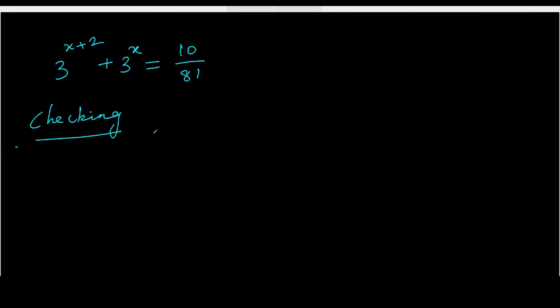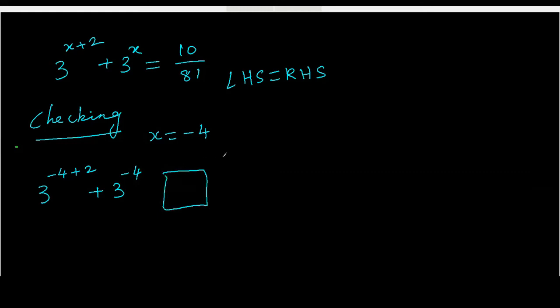Whatever answer we got for x, we will just plug in and see whether the left hand side equals the right hand side. That means our answer is correct. Now let me replace x with negative 4 on the left side of the given exponential equation, which will become 3 power negative 4 plus 2 plus 3 power negative 4. And I am going to write the box till it is proved, 10 over 81.